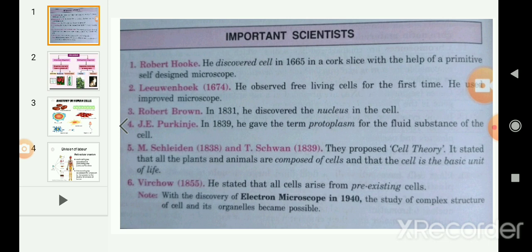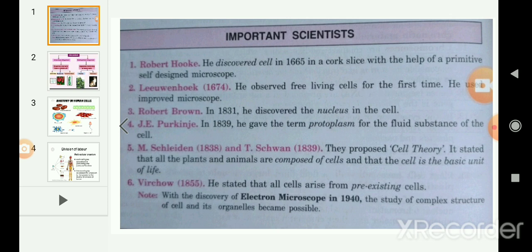And next, Schleiden and Schwann proposed the cell theory, which states that all plants and animals are composed of cells, and the cell is the basic unit of life.